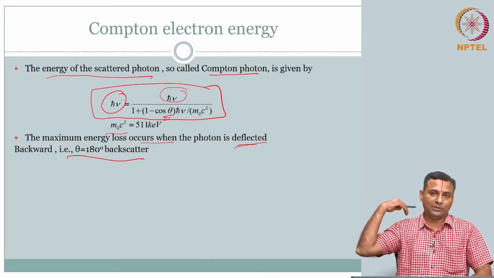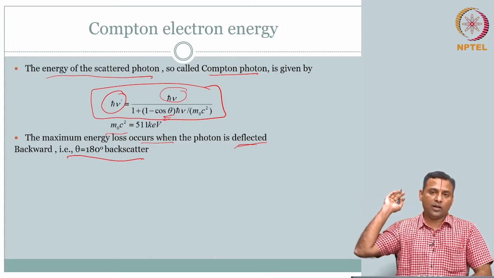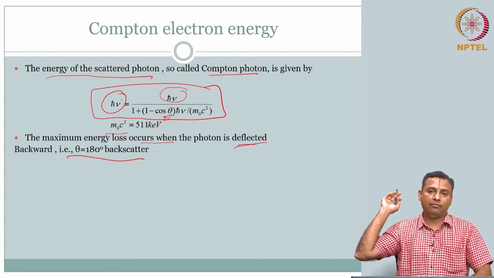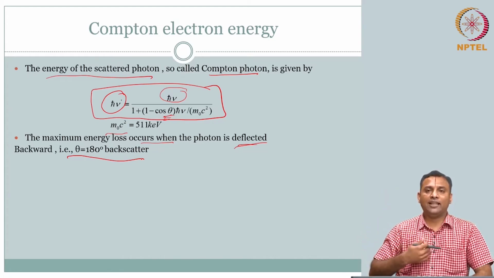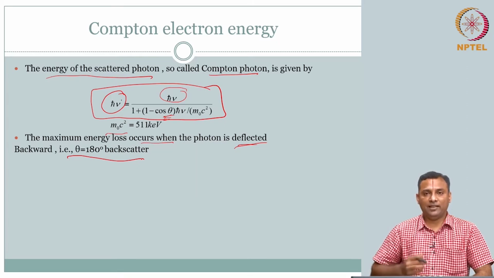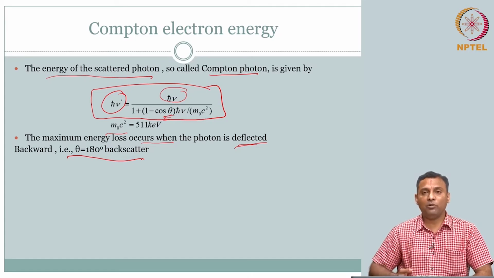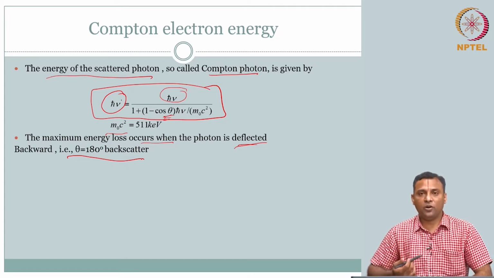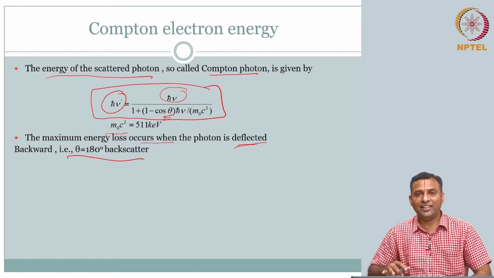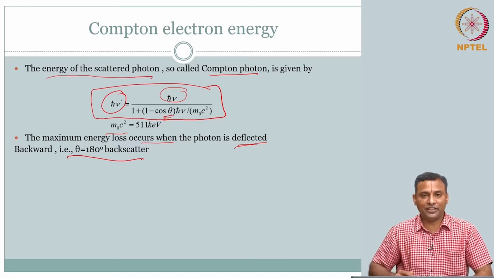So it is through transmission, and based on what I am detecting, I should comment on what is inside the body. Clear? That is the objective. So we need to quickly understand which phenomenon is helpful for us and which is not, how to minimize the bad guy and maximize the good guy.